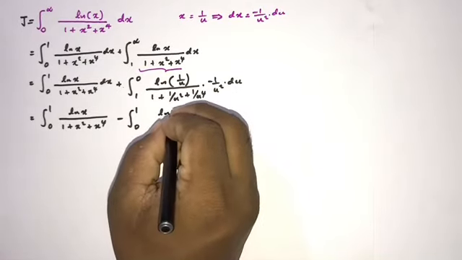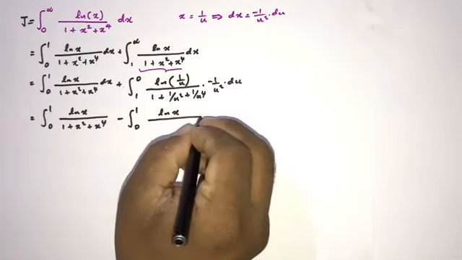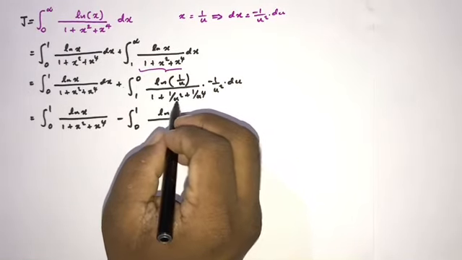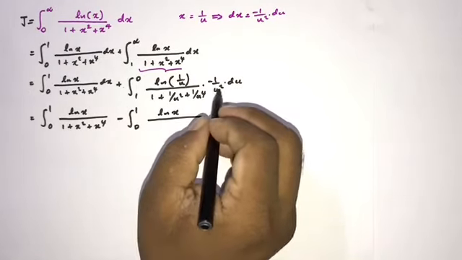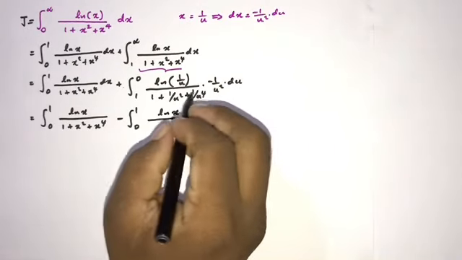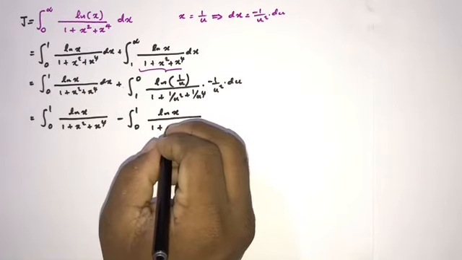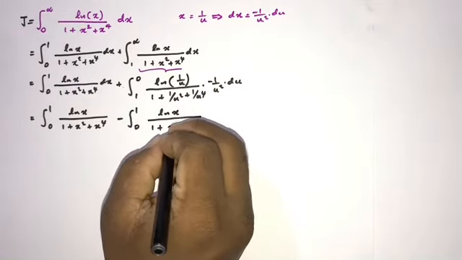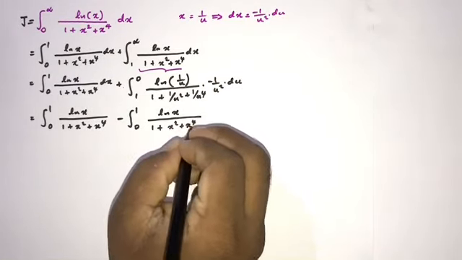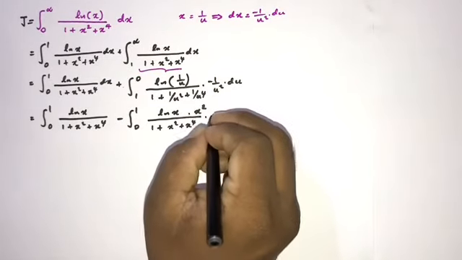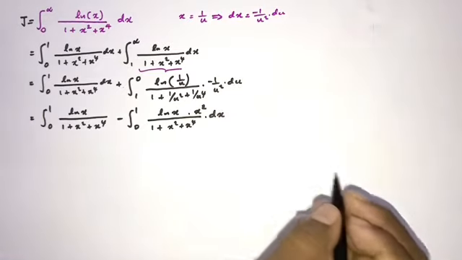So natural log of x over, if we take common denominator u to the fourth power, then this u square gets cancelled, and here we have 1 plus x square plus x to the fourth power over x square, so we can write in the numerator x square, and dx.